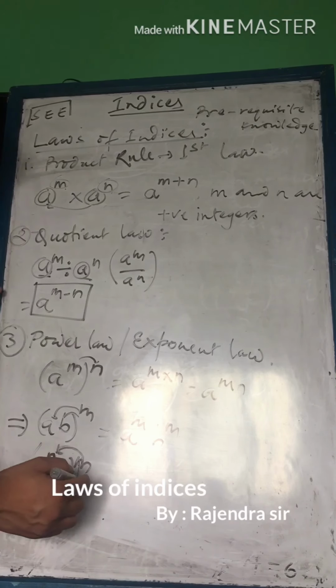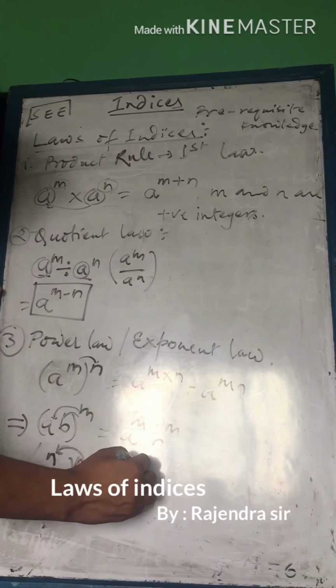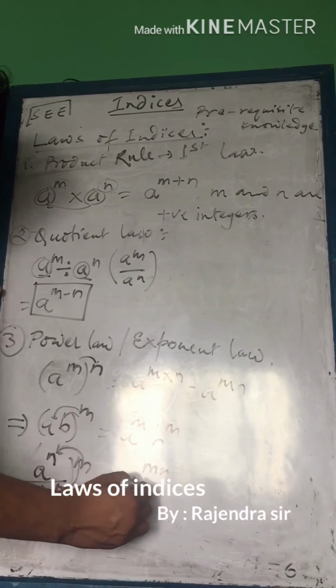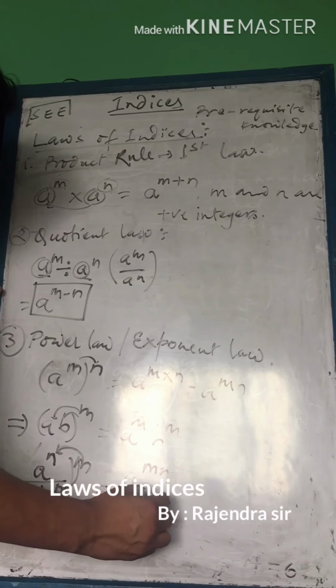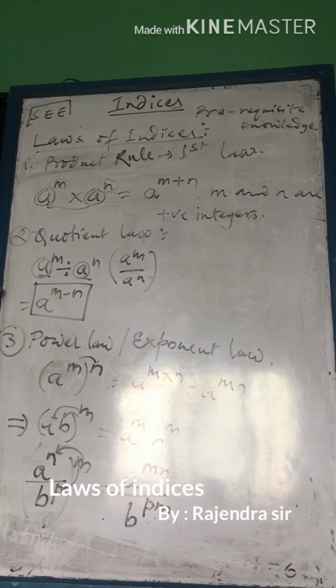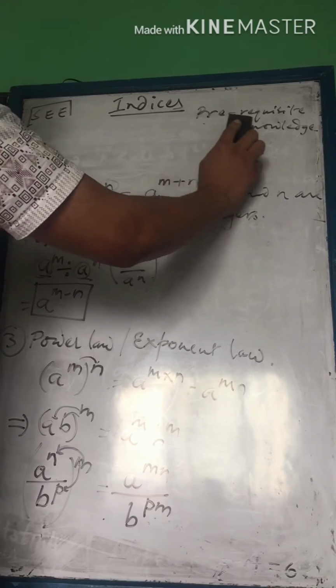Can you guess the result? It is a to the power mn over b to the power pm. This is the power law or exponent law of indices. Now note it down.